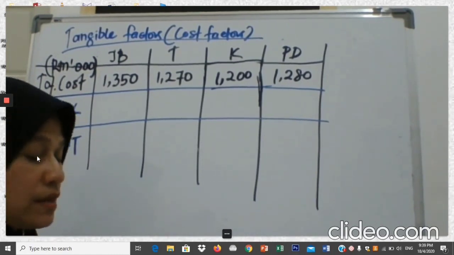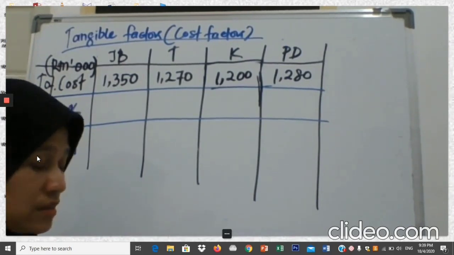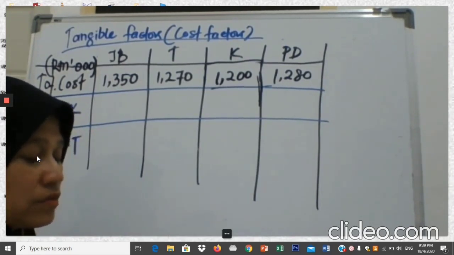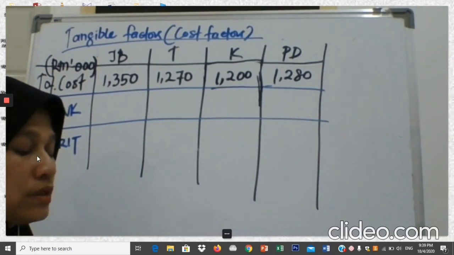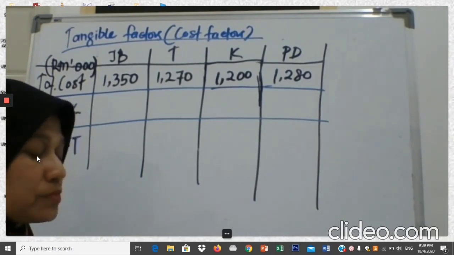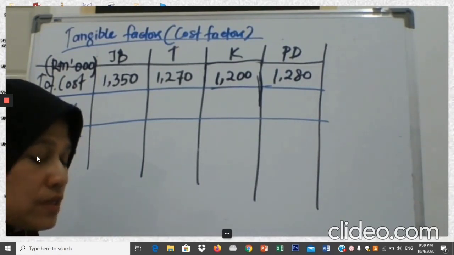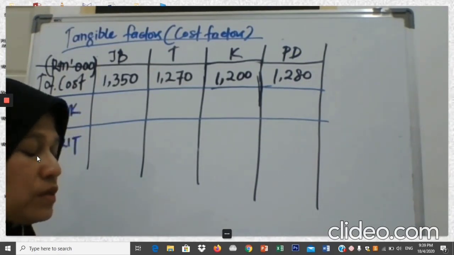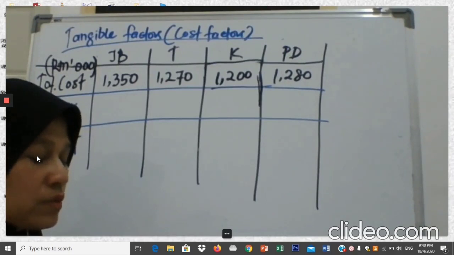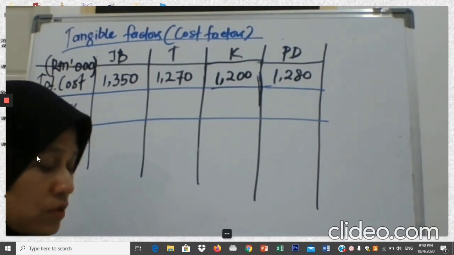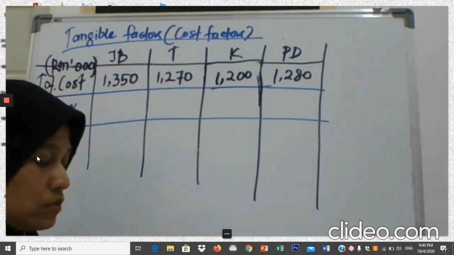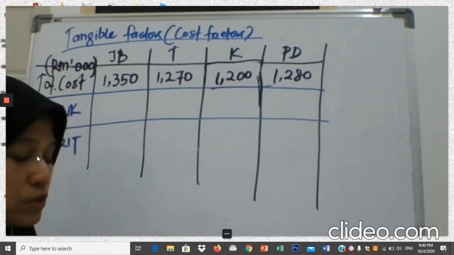The second table given is the intangible factor, clearly stated in the first column for all these four locations. We will go to the intangible factor later. Now focus on the first table, the tangible factor or the cost factor. There are four cost factors, so don't worry about all these types of cost factors. Now we go to the first question.